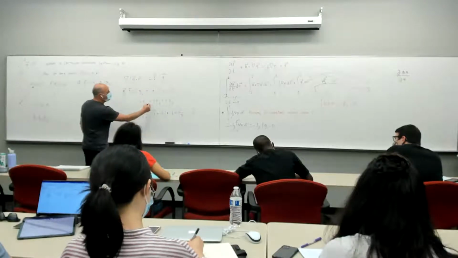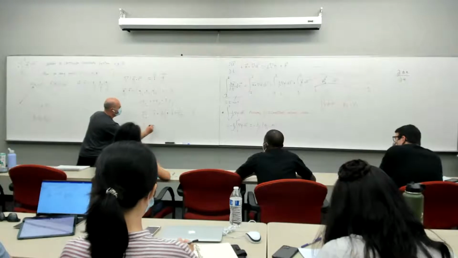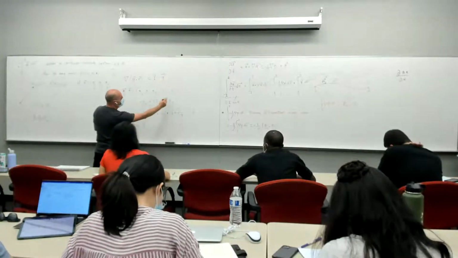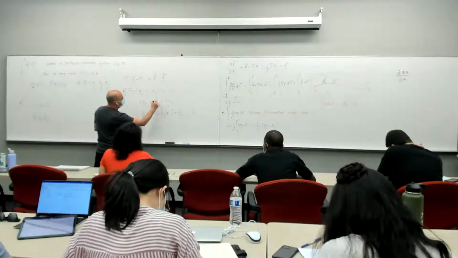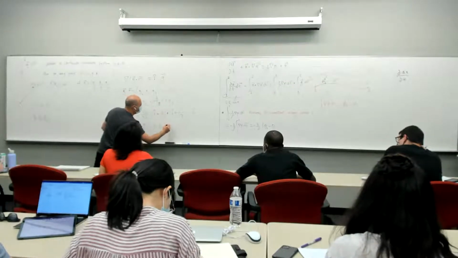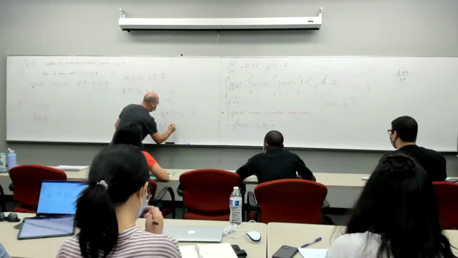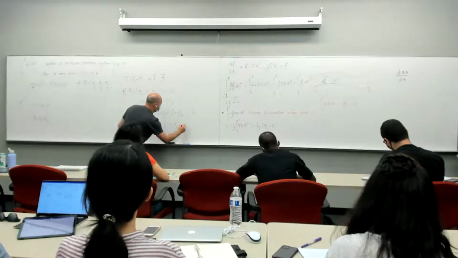Well, d by dx of this entire quantity is simply gx i, plus d by dy of this entire quantity is gy j, plus d by dz of this entire quantity is gz k, which is equal to g.